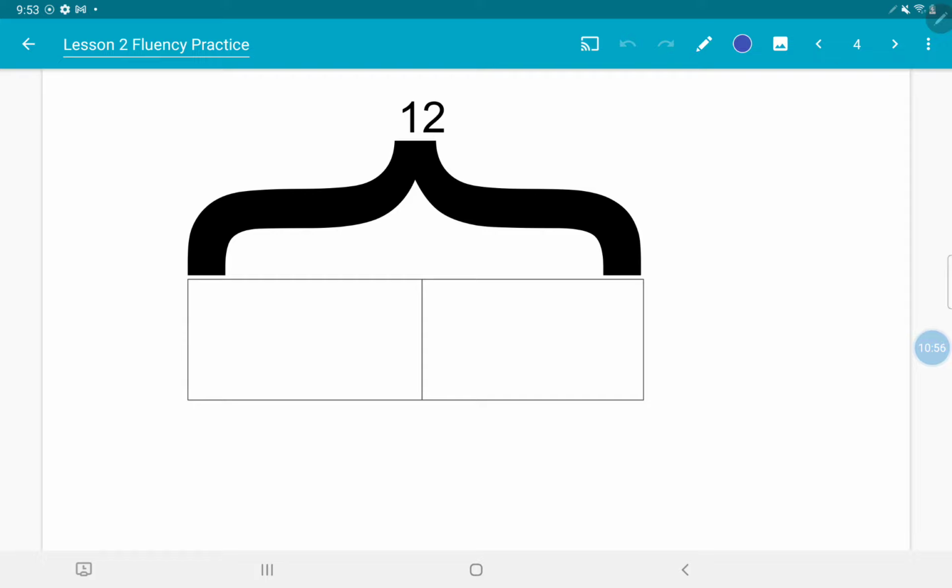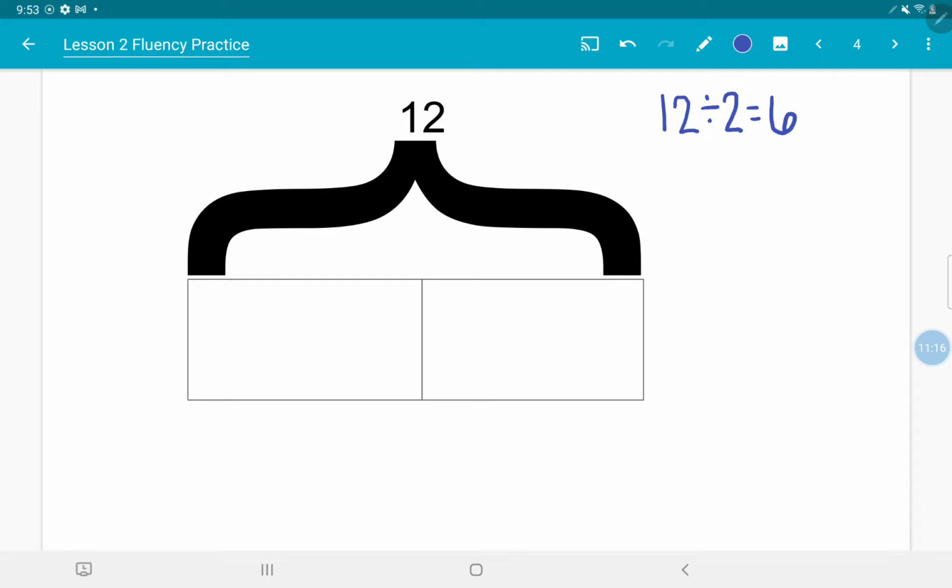Justice, what's my division equation? Very good. My total is 12, and I'm dividing that into 2 equal groups. 12 divided by 2 equals 6.